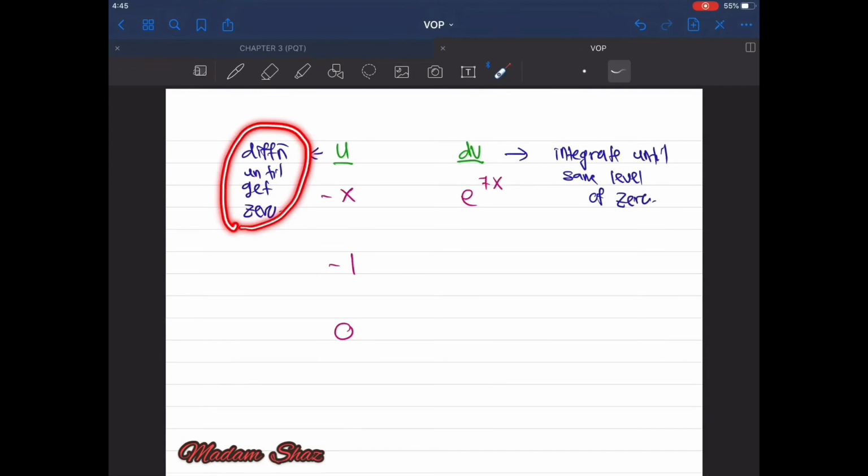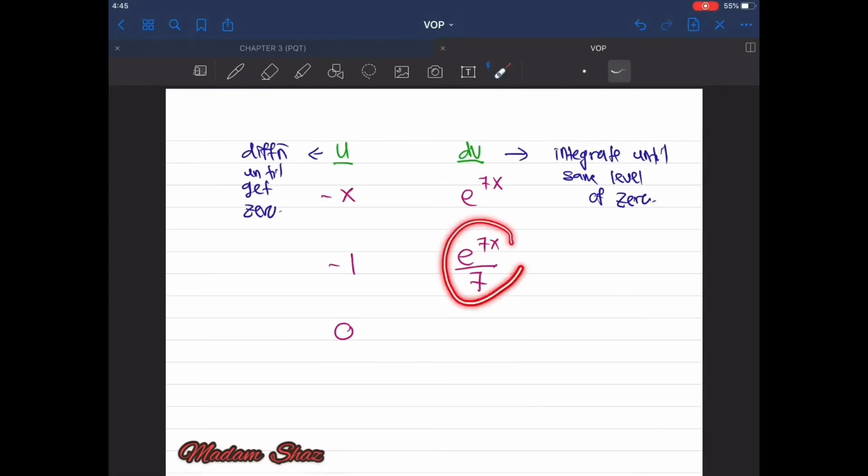Why do we stop? Because you have to differentiate until you get 0. So now proceed with the dv. Exponent 7x integrate for the first time will become exponent 7x over 7. Integrate exponent 7x over 7 one more time will become exponent 7x divided by 49.